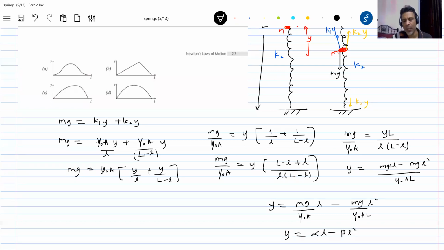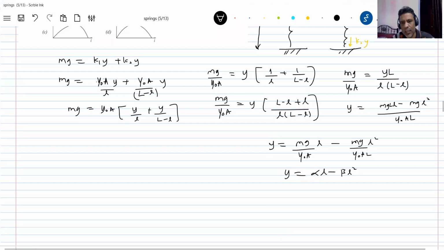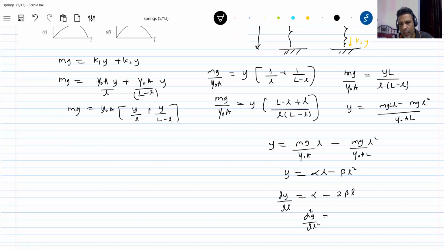Which graph do you pick up, anybody? Now you are familiar with this. Differentiate this. Check for maxima, minima. dy by dl is alpha minus 2 beta l. Then further d square y by dl square should be equal to minus 2 beta. So d square y by dl square I got less than 0.